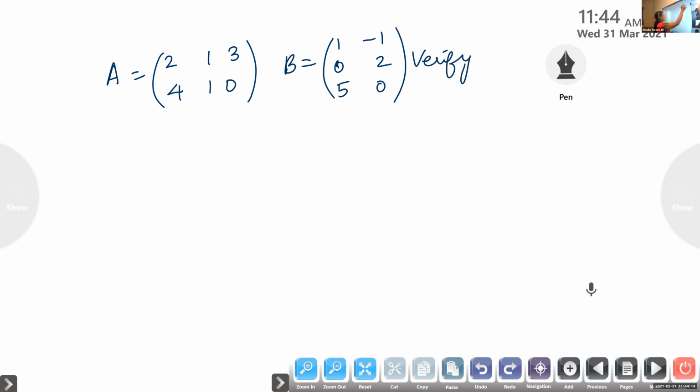AB the whole dash is equal to B dash into A dash. We have to verify whether AB the whole dash is B dash into A dash. So you start from LHS. In LHS we have AB the whole dash, isn't it?